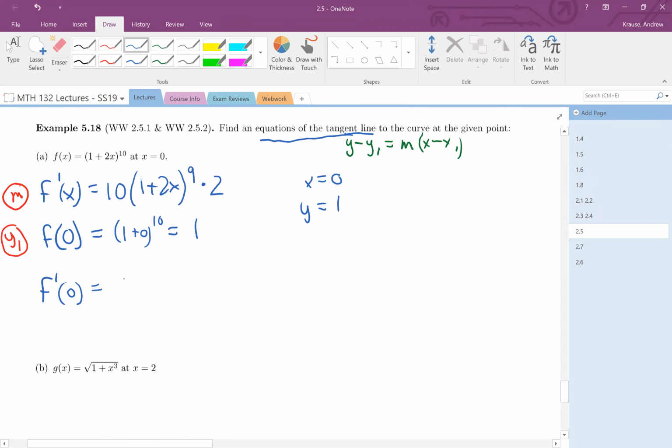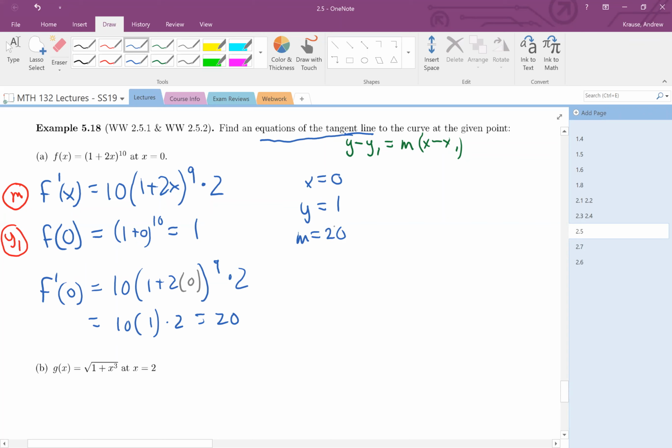So when I do that, I get 10 times 1 plus 2 times 0 to the 9th times 2, and that just gives me a 10 times 1 times 2, which is a 20. So my m is 20.